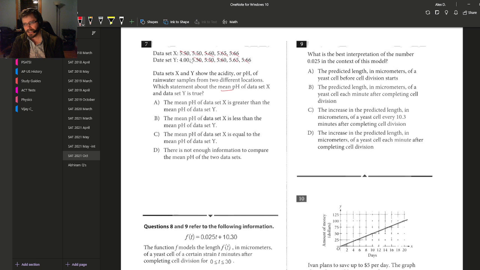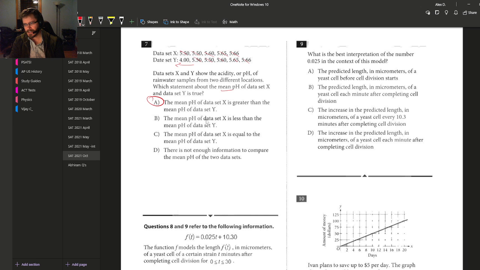It actually has a lower average. Everything else is the same, but this one introduces another data point that's lower than the rest. So data set Y is going to get pulled to the left by that data point. So the average of X is greater than the average of Y. I don't even really have to check the others.